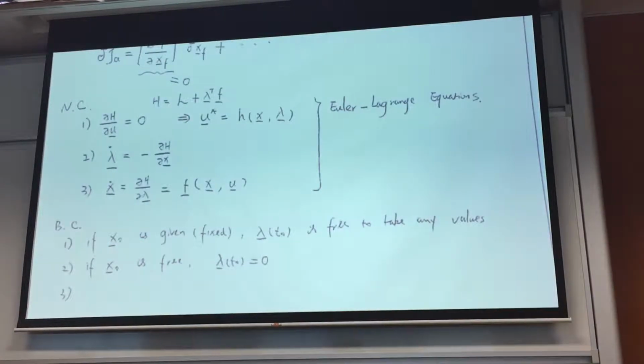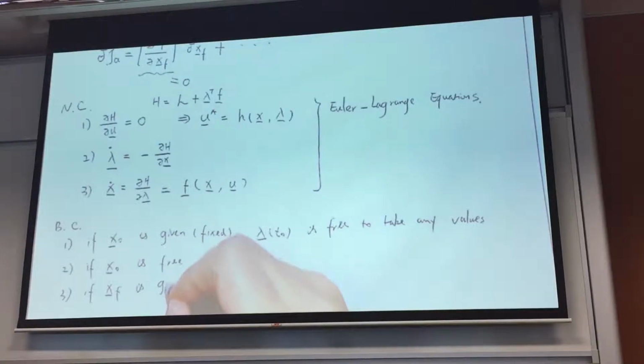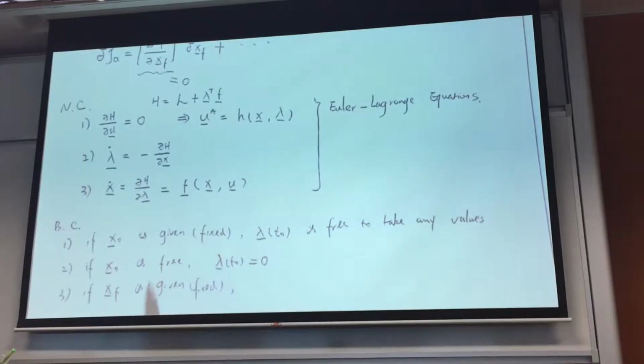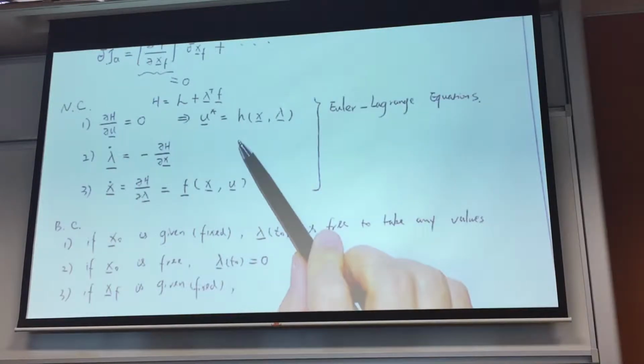So we have another two conditions related to the final state. If the final state is given, for example, in our pendulum problem, the final state is given in a particular position at a velocity of 0. So that's given.